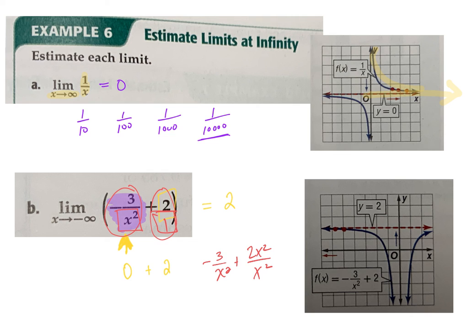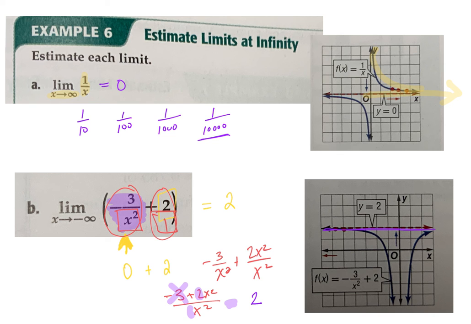So I could write that as negative 3 plus 2x squared over x squared. Remember in bell work, my horizontal asymptotes, if it has the same degree, you use the coefficients. What are my coefficients there? 2 and 1. So this is approaching 2. I have a horizontal asymptote at 2, so it makes sense that it's approaching 2.